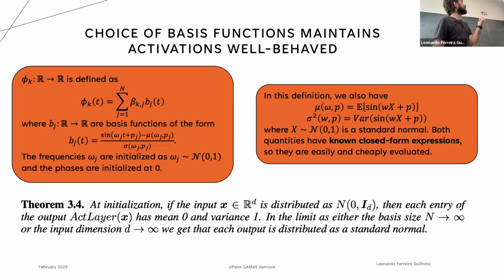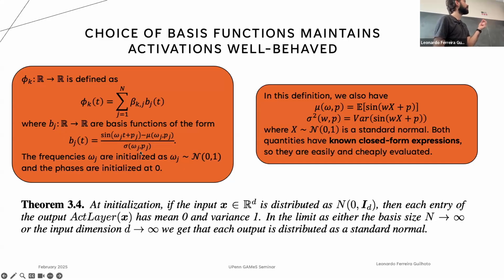We have this formula that is going to be sine of omega j times t plus some phase, where these are all univariate functions and the input is t. So you have your frequency parameter omega and your phase parameter p. And then I subtract this mu and divide by this omega.